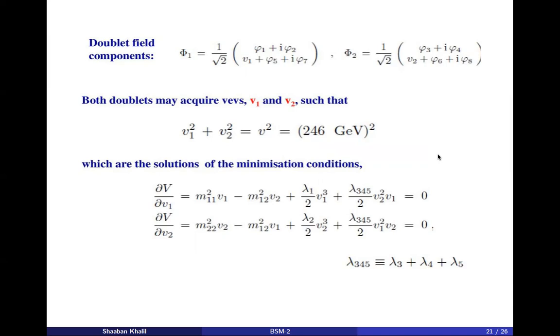The linear combination of the two VEVs will contribute to the W boson. Therefore, we call the sum of V1 squared and V2 squared the original V squared, because this is just again the V squared, which should be 174. So this will give the relation. And because we have V1 and V2, sometimes we define the ratio V1 over V2 or V2 over V1 as tan beta. So we can work with just V and tan beta instead of V1 and V2.